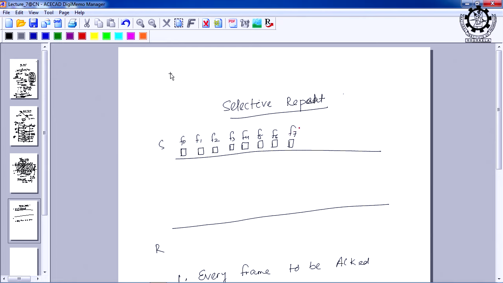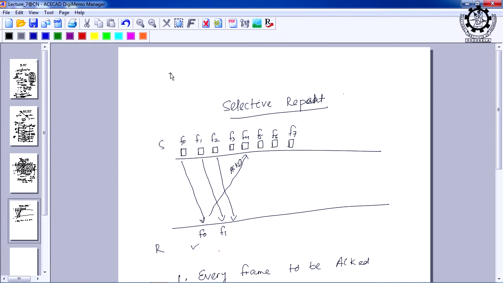Let us consider the same scenario. Your F0, F1 and F2 have been transmitted. F0 received successfully, acknowledged with the current number, not the next number, because an individual frame is now being acknowledged. So, acknowledgement 0 means I have received frame 0.